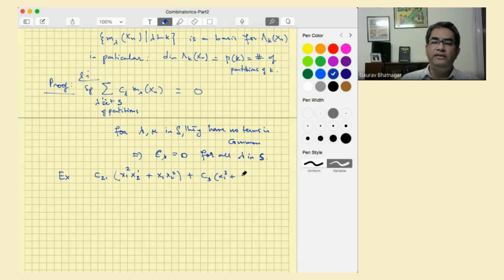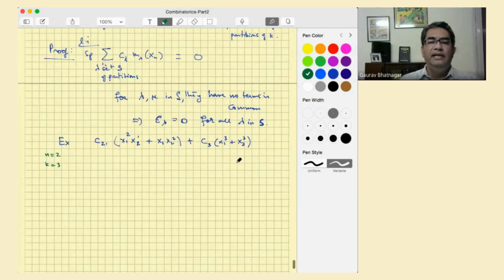They are both degree 3. So here n is equal to 2 and k is equal to 3. And suppose this is 0, they have no terms in common. This will imply that C21 is equal to C3 equal to 0.